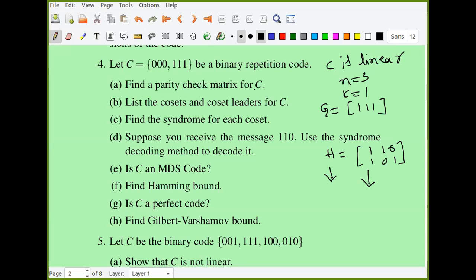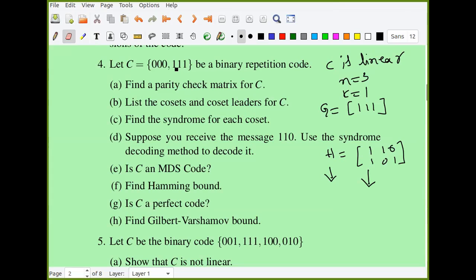Sorry, today a lot of problems are coming. I'm extremely sorry. So this is a parity check matrix.